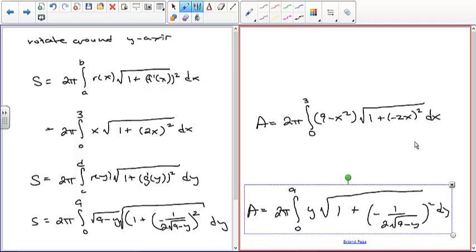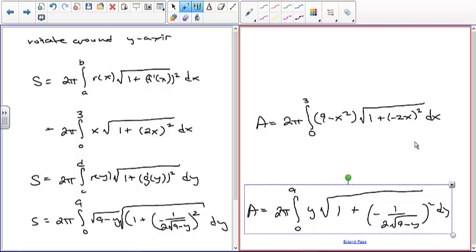So this was the surface area of rotation around the x-axis. So the radius was equal to y, or 9 minus x squared, which is the equation that defined that surface. Then we took the square root of 1 plus f prime of x squared. Over here, when we're rotating around the y-axis, the radius is x, but the inside, I should have put in a negative there, and I don't have a negative here.